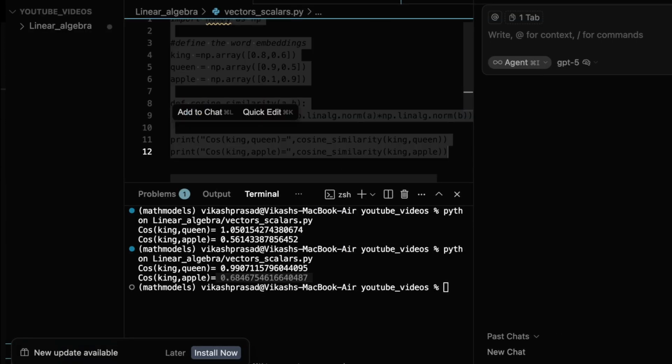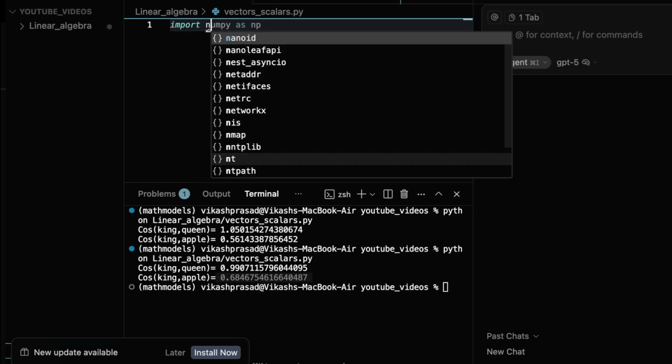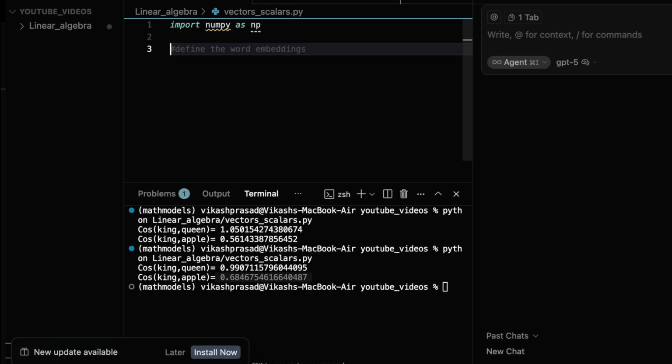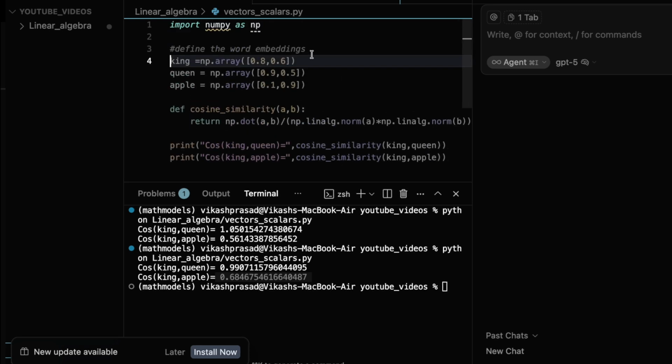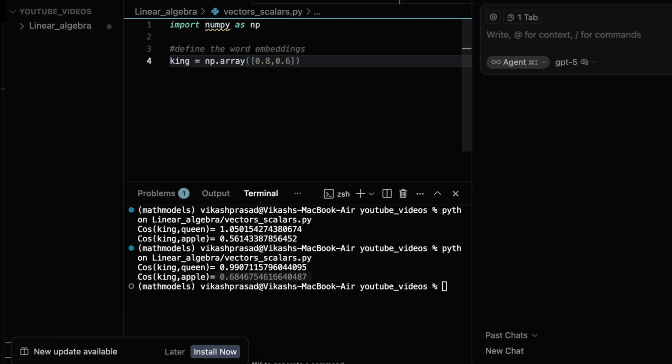Let's clear this up. Let's import NumPy as np. Let's define the word embeddings. I'm using Cursor, so it already recommends the code, but we will try to understand this.